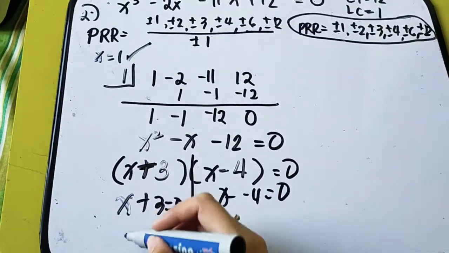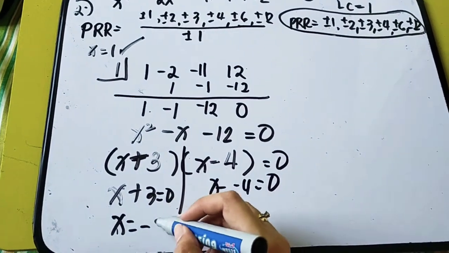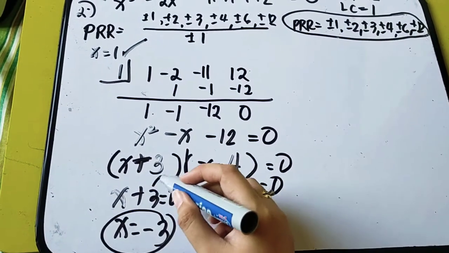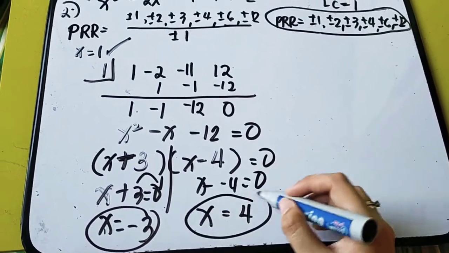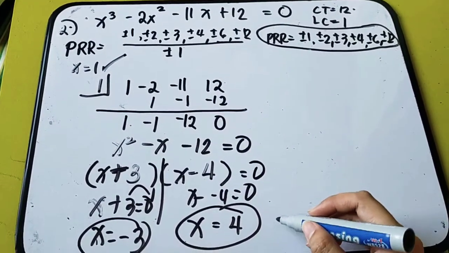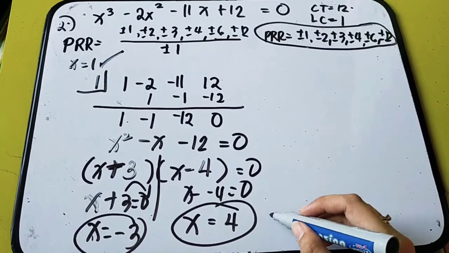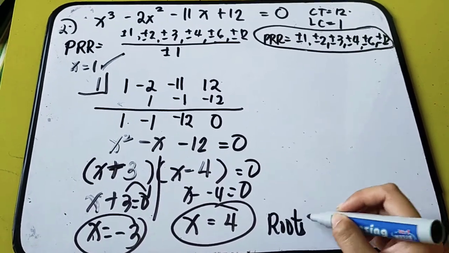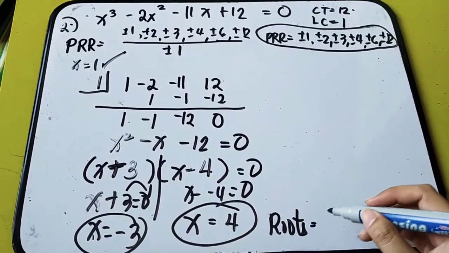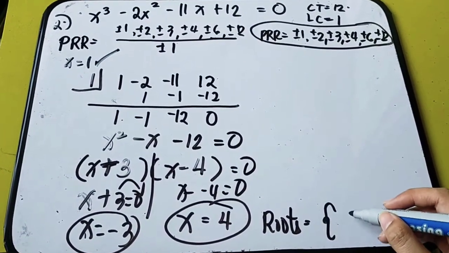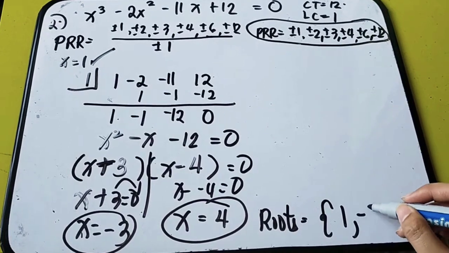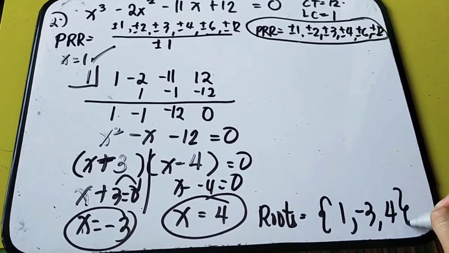So, x is equals to negative 3. Just transpose, diba? Then, x is equals to positive 4. So, ang tatlong zeros natin or roots of this polynomial equation are 1, negative 3, and positive 4.